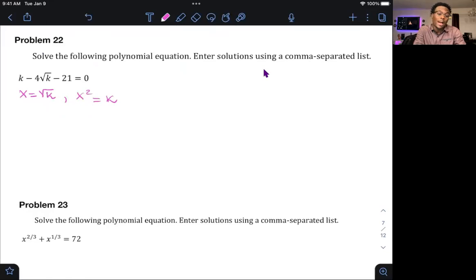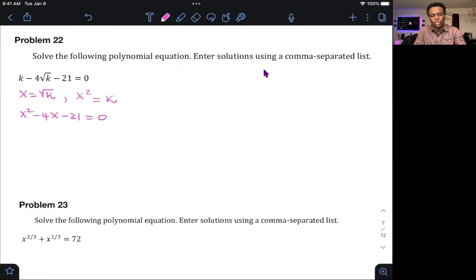And then I'm going to go back to my equation with x instead of square root of k, and x squared instead of k. My new equation becomes x squared minus 4x minus 21 equals 0.